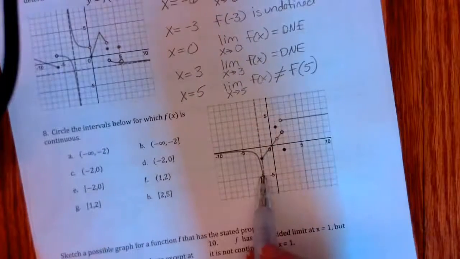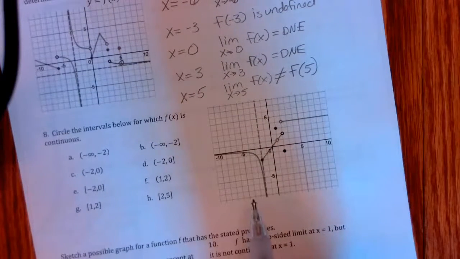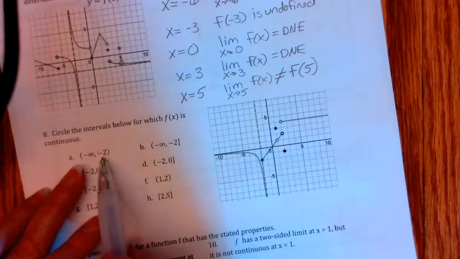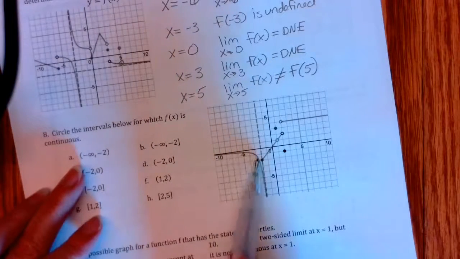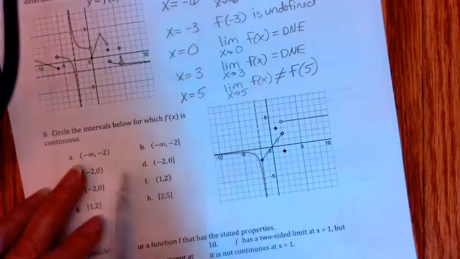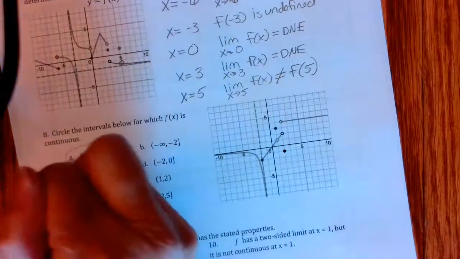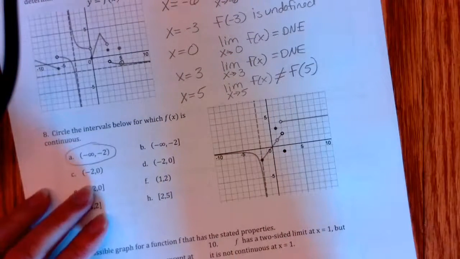In this one below, we're going to check and circle where the function is continuous. -infinity to -2. That's going up and approaching this asymptote. Well, it doesn't say closed here, and if I keep reading the graph, it goes infinitely down. That is considered continuous because I don't have to worry about -2.